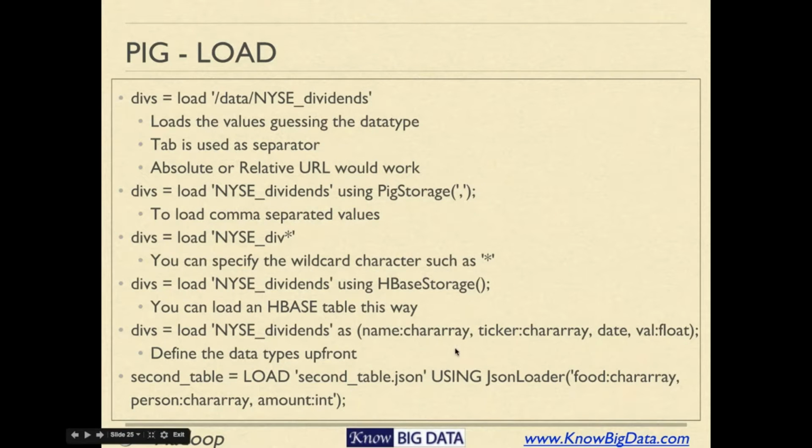You can define the data types upfront, or you can leave it up to Hadoop to guess. Sometimes you might want to load data from a JSON file. In that case, you could use JSONLoader to load the JSON into a set.